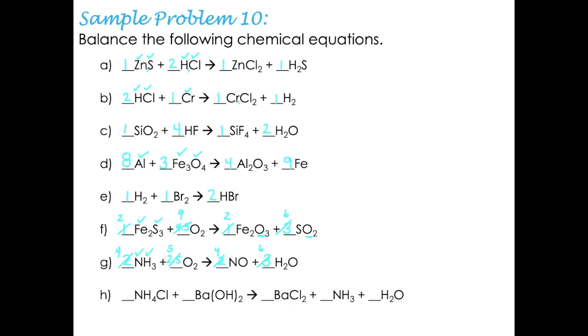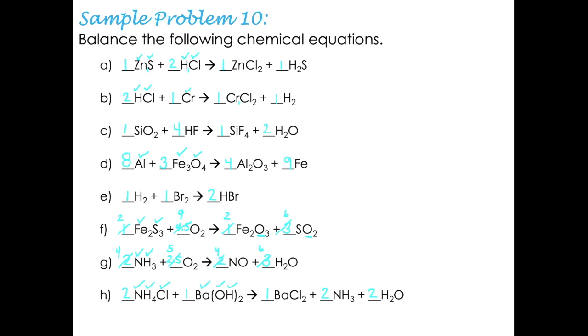Try to do H. This one's a doozy because you have hydrogen in all but one reactant and product. So when I went ahead and I balanced this, I went straight for the chlorines because I noticed that chlorine is not balanced. And personally, I like to save oxygens and hydrogens for last.